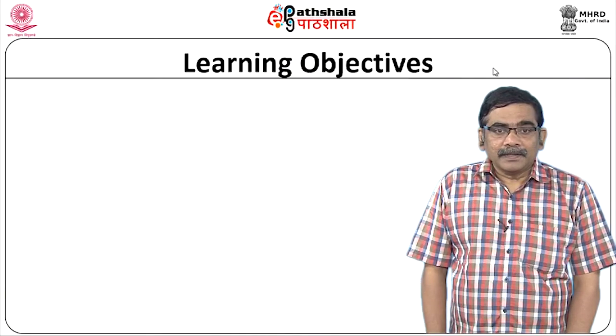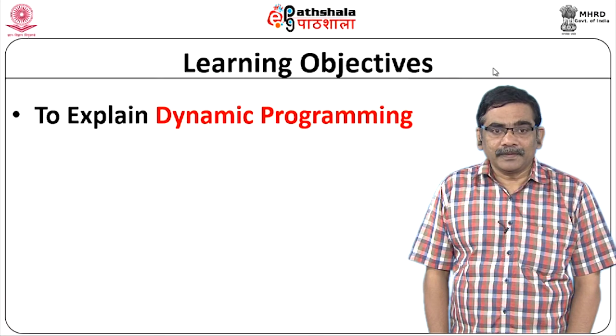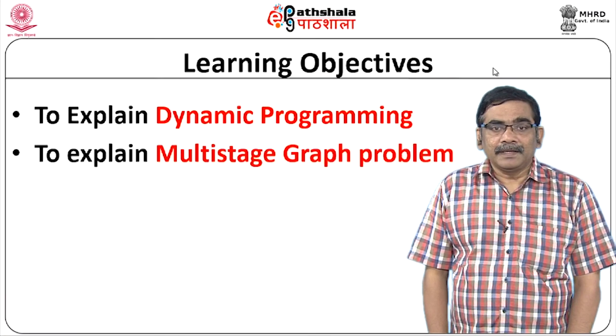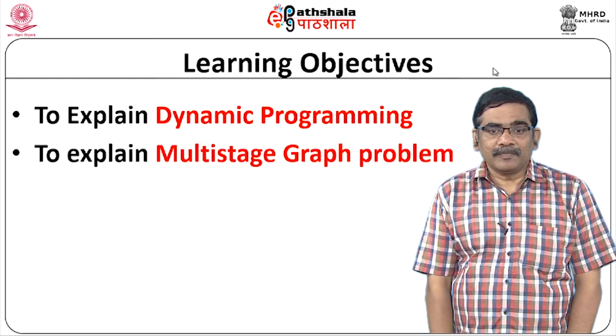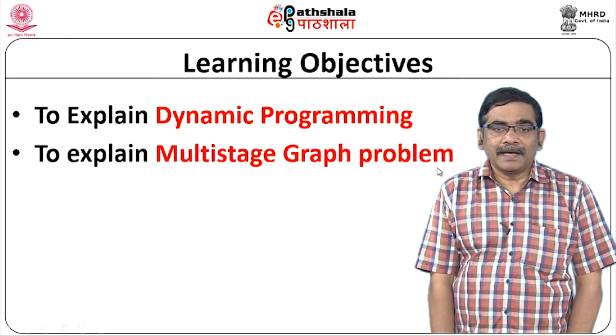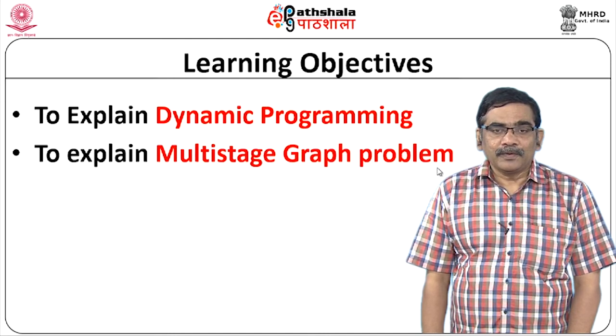The learning objective of this particular module is to explain dynamic programming, where we are going to review that. Then we are going to discuss an interesting problem called the multistage graph problem. This is also very popularly known as the stagecoach problem, where we have to find the shortest path between the source and destination.